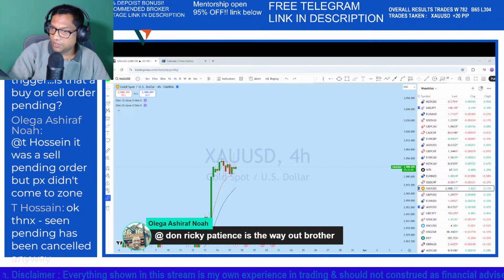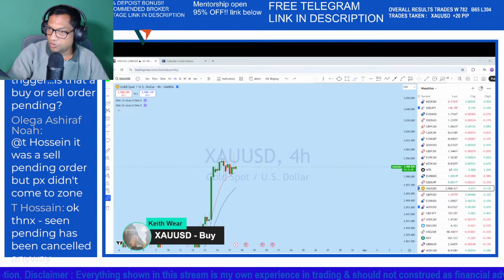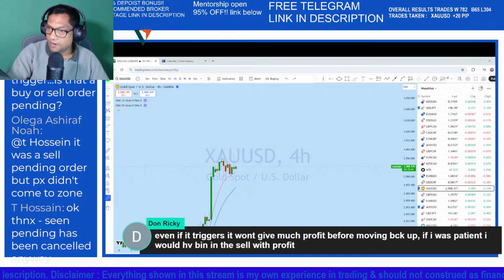There are some areas that we need to wait for. So even though it triggers, it won't give me much profit before moving up. Yeah, so it didn't trigger with me yet.